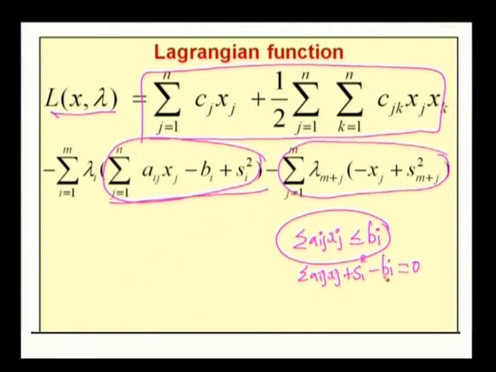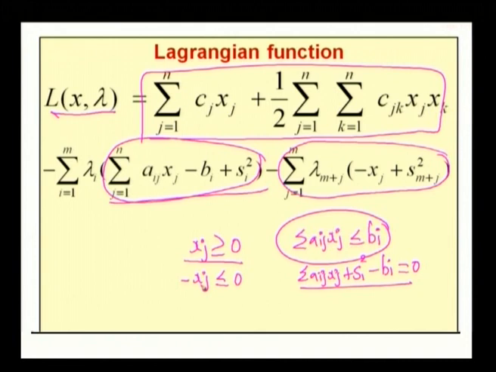Therefore, the corresponding Lagrangian function for this constraint is summation lambda i into summation aij xj minus bi plus si squared. Now, the given quadratic programming problem involves the non-negative restriction xj greater than or equal to 0. We rewrite it as minus xj less than or equal to 0.